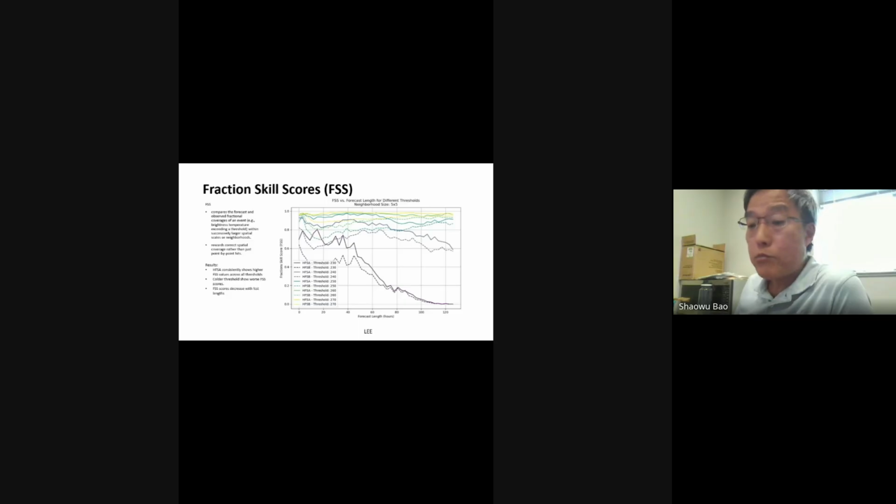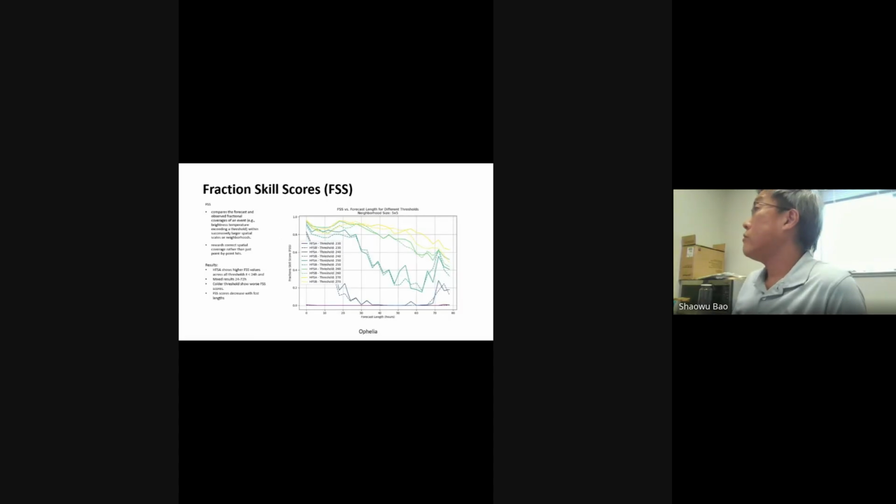So that's understandable because it's challenging to predict where the cold clouds are located. But again, the conclusion is consistent with the earlier analysis that it seems the HAFS A is better than HAFS B in terms of the fraction skill scores.